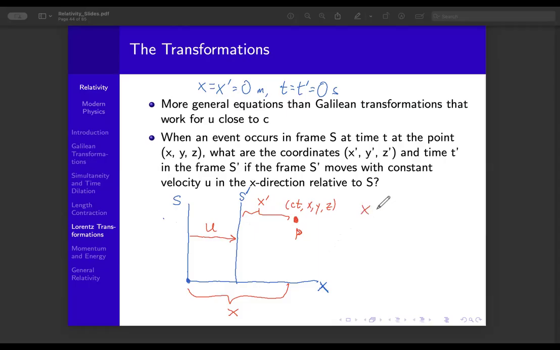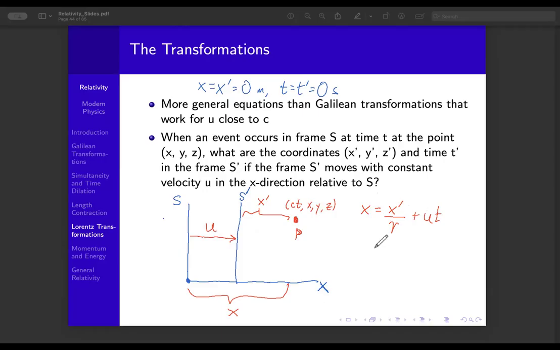So by length contraction, x equals x prime over gamma, which again is our Lorentz factor, 1 over the square root of 1 minus u squared over c squared. But then on top of that, I also have to add the fact that frame S prime is moving, so I would have plus ut. That allows me to relate the distance from frame of reference S to the event at point P, as well as the distance from S prime to point P.